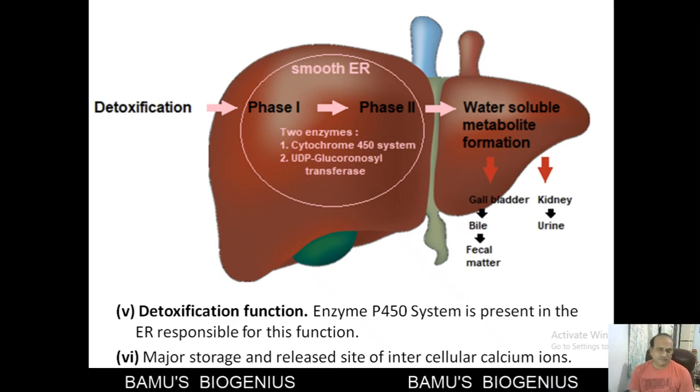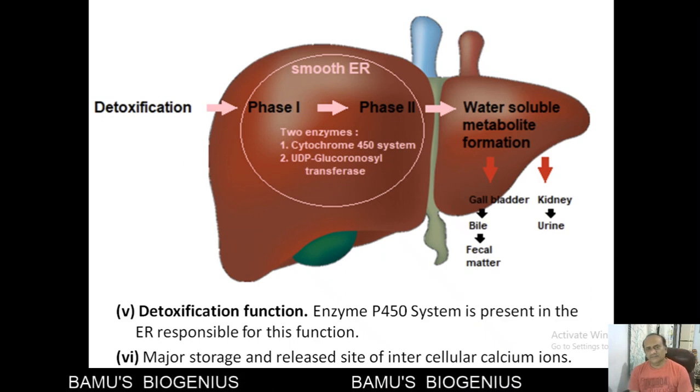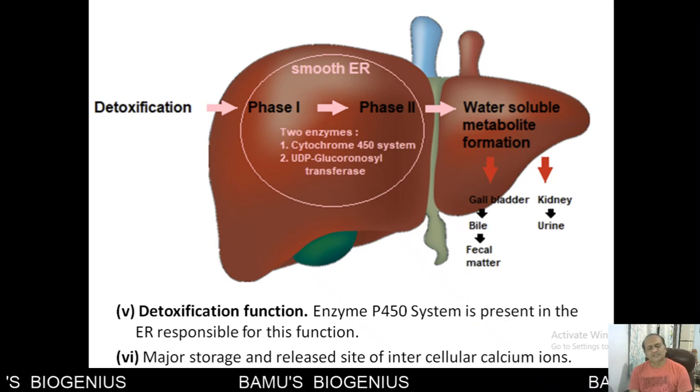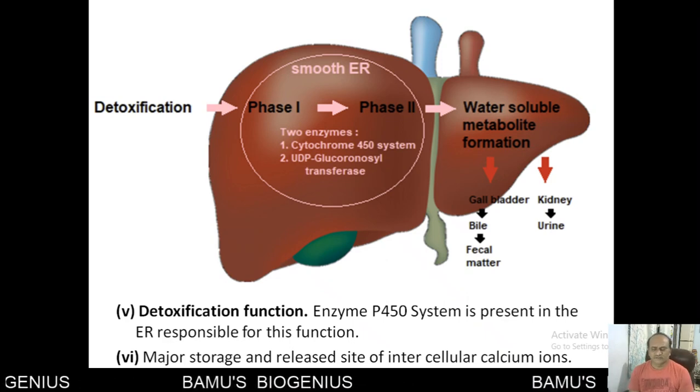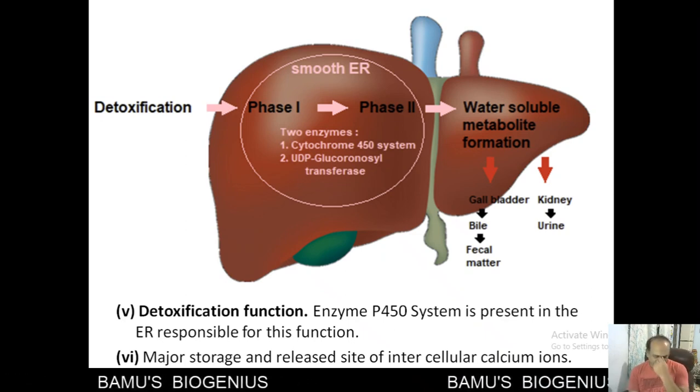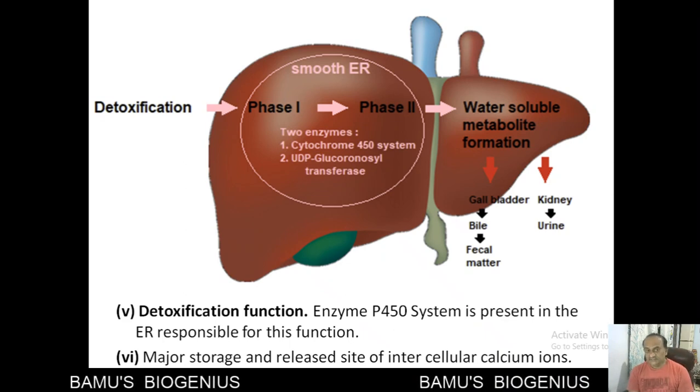This cytochrome P450 system and the UDP glucuronosyl transferase help in detoxification of potentially hazardous drugs like alcohol or any other type of drugs. So this is the detoxification.